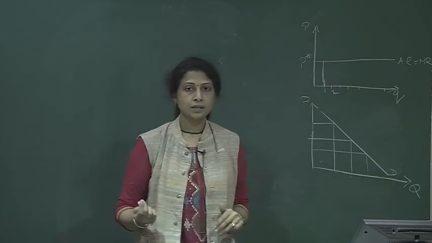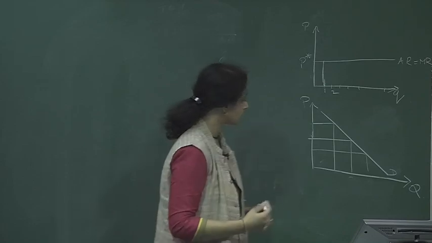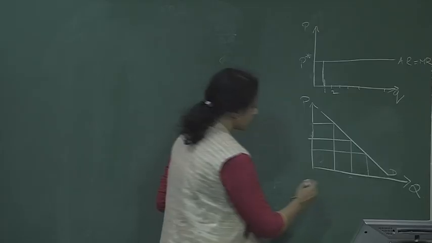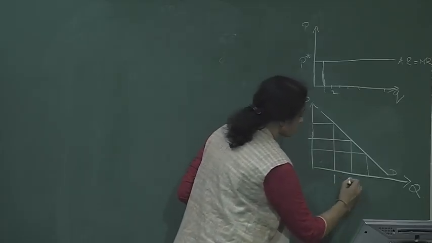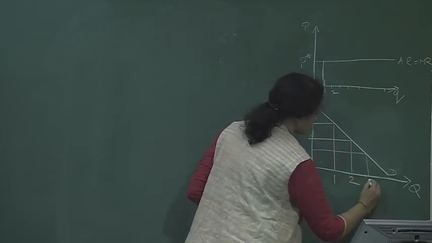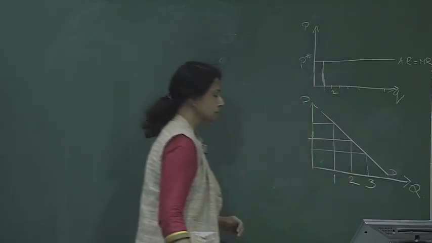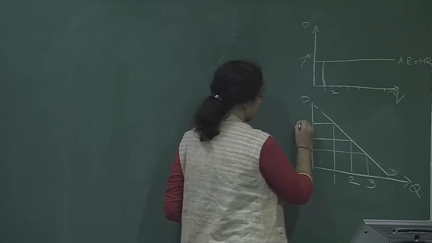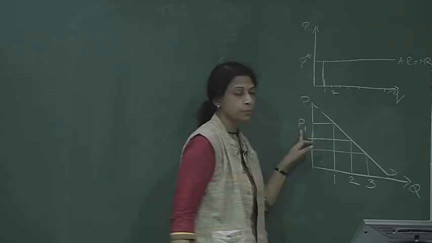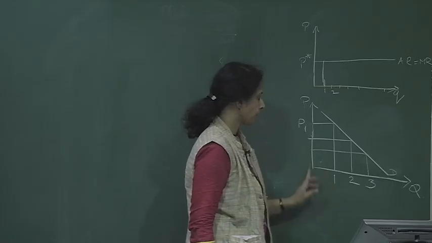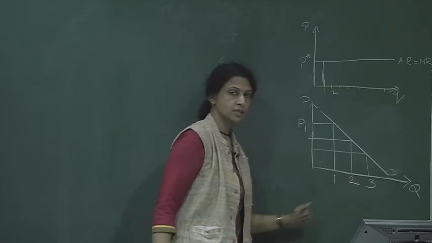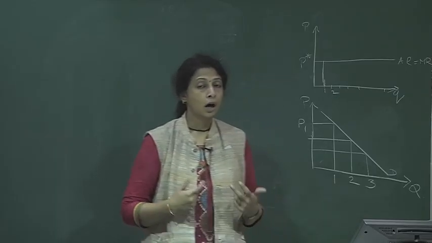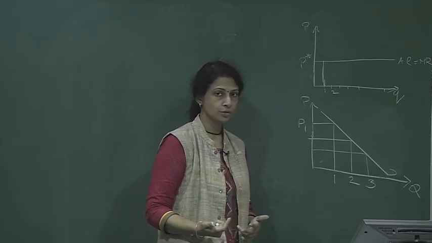But what happens in case of the monopolist? Now, in the case of monopoly, say this is the first unit, this is the second unit, and this is the third unit. Now, when the monopolist is charging price P1 for the first unit, for the second unit, if now he decides that I am going to produce 1 more unit and sell it in the market, how much does he get for each of his units?